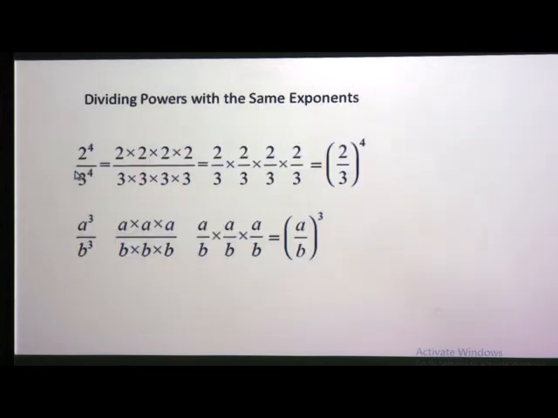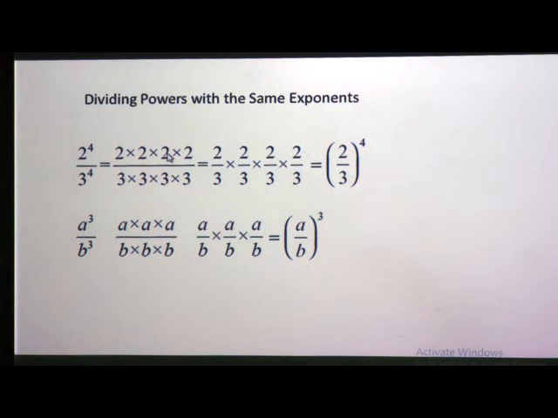So we will have an example here: dividing the powers with the same exponents. Here the bases are different, 2 raised to the power of 4 upon 3 raised to the power of 4. Here the exponents are the same. Now you know that when it is in the denominator, that is nothing but a division.